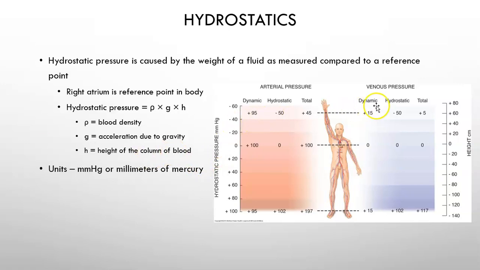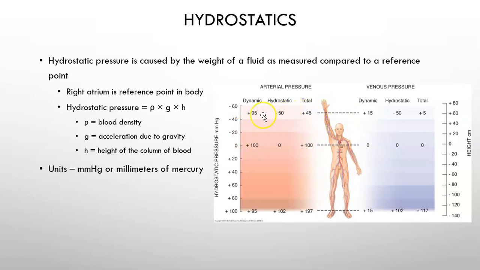So we see here in this drawing a person standing, the arterial pressure from the left ventricle up to a certain height has dropped. There's 40 millimeters of mercury of loss of pressure with this hand up here.